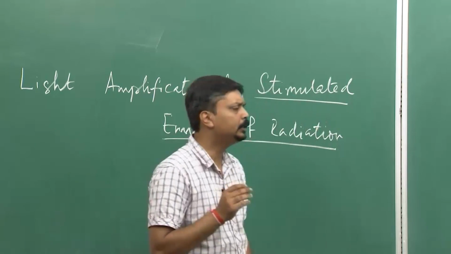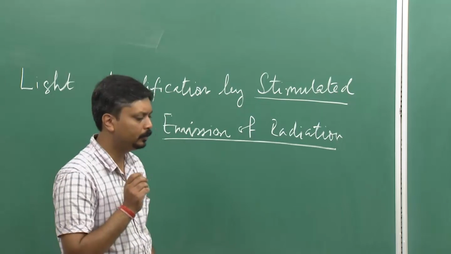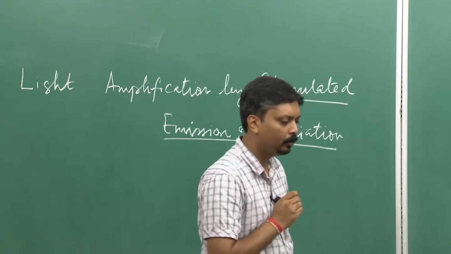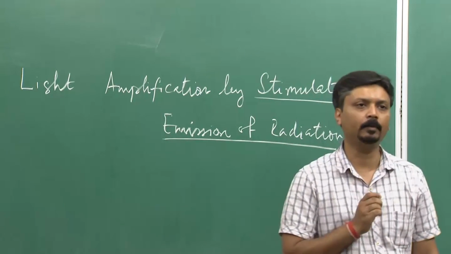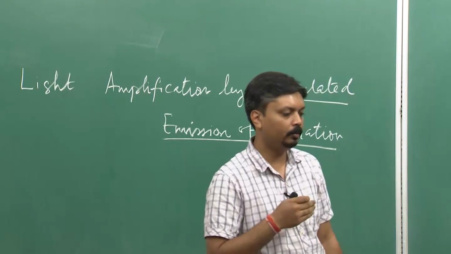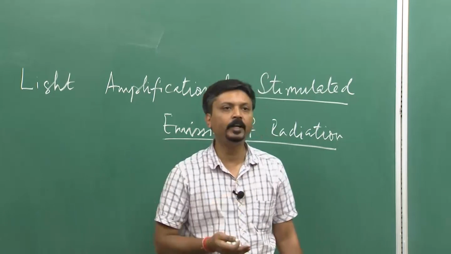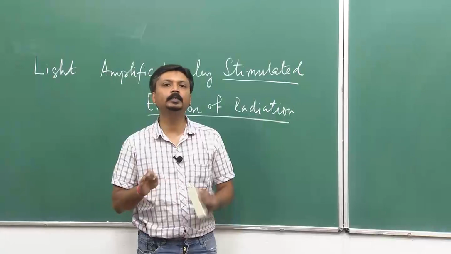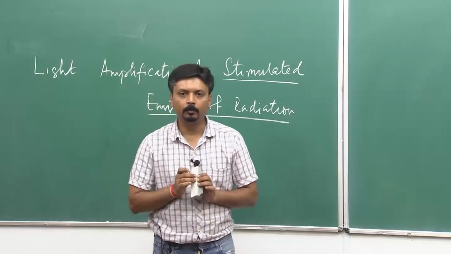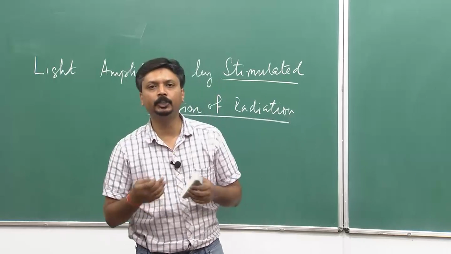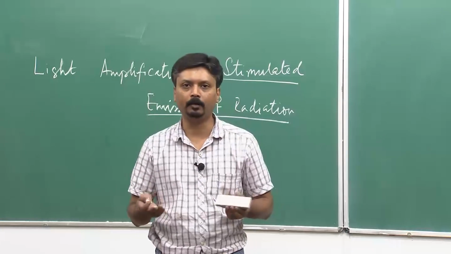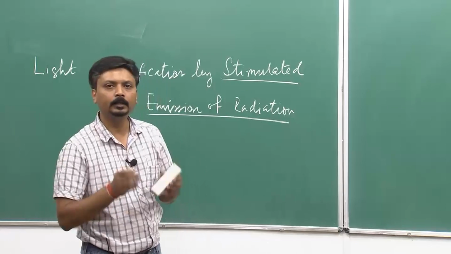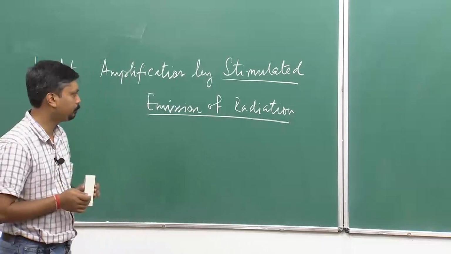So, we will start with a simple description of optical transition in an atom. There is some benefit of using an atom to describe this process, because this is very simple. We don't have to consider any rotation or vibration, but we can deal with the simple energy levels of an atom.